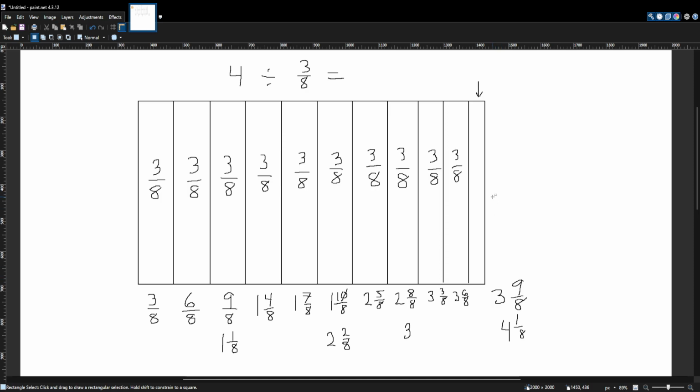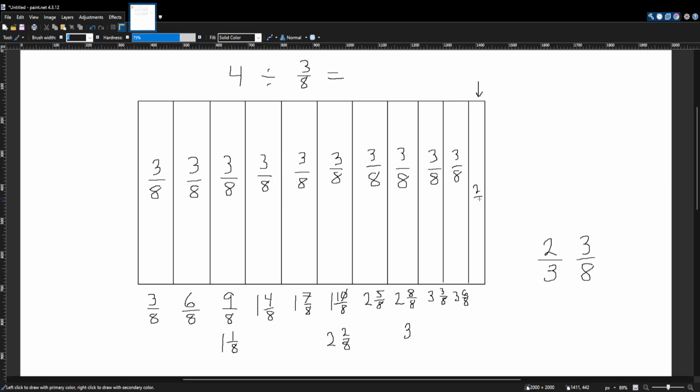Now, this is a problem, because I can't add in another 3/8 in here. But I can add in a slightly smaller amount. And it's going to be a fractional amount of the 3/8 that I'm going to add in. So I need 2 of my 3 parts of the 3/8. So this last representation here needs to be 2/8, which is 2/3 of 3/8.